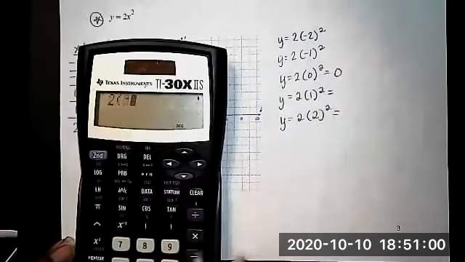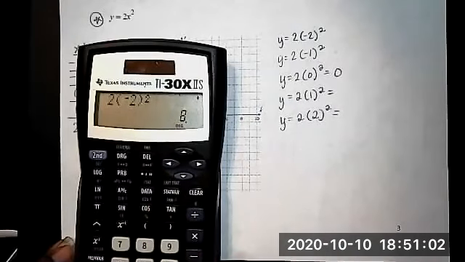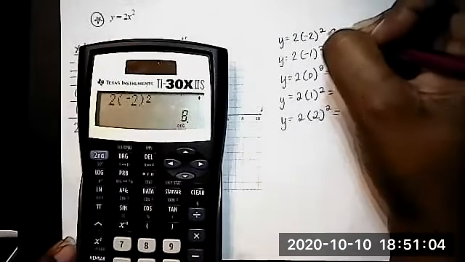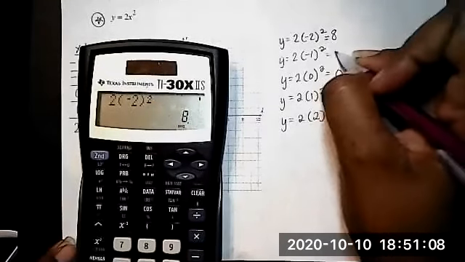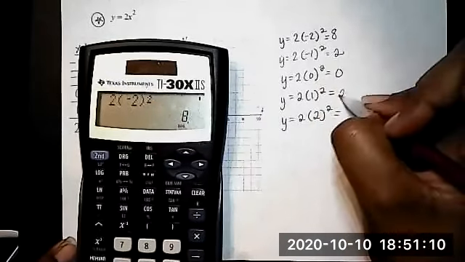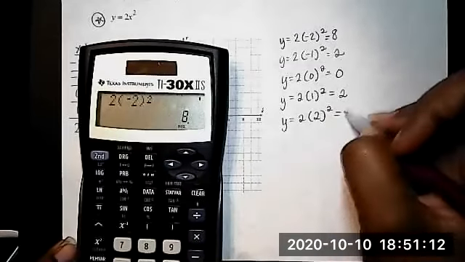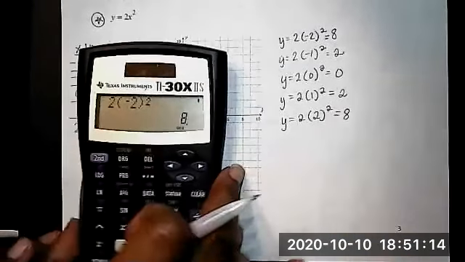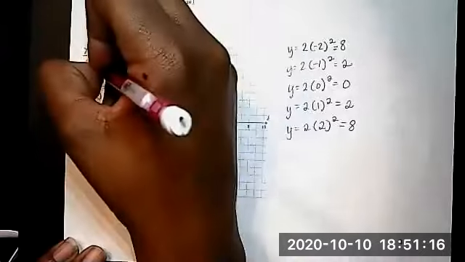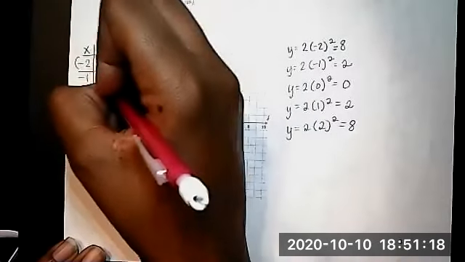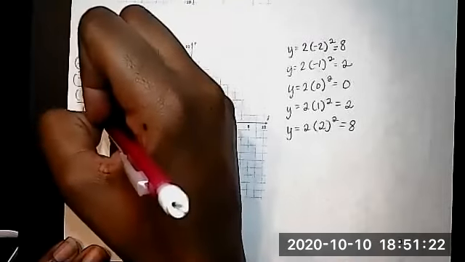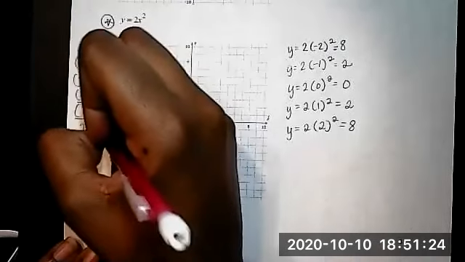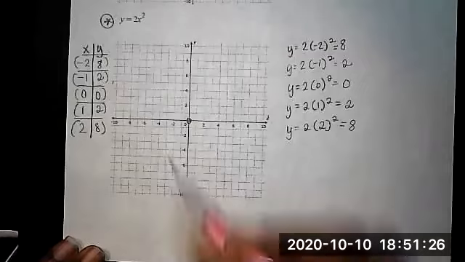So this becomes 2 times -2 squared, and that one is 8. Okay. 2 times 1 squared, that becomes 2. This also becomes 2, and this becomes 4 times 2, which is 8. Okay. So when we put it in our graph, this is what we'll get.